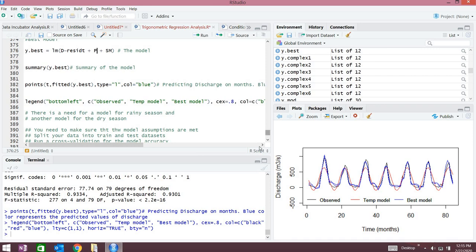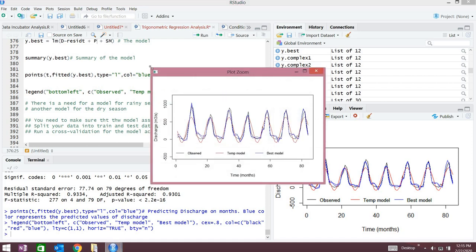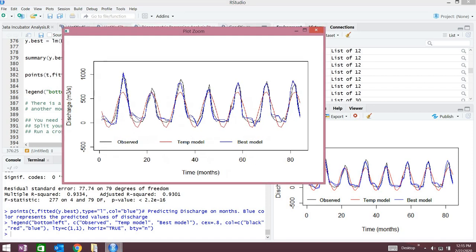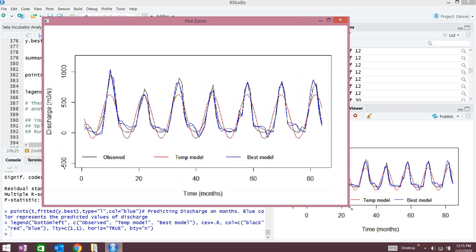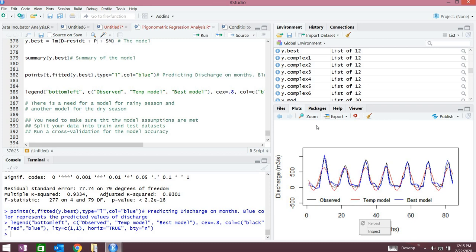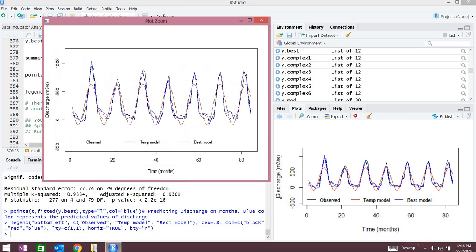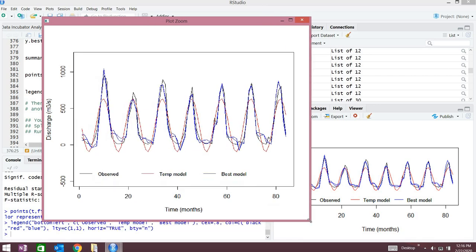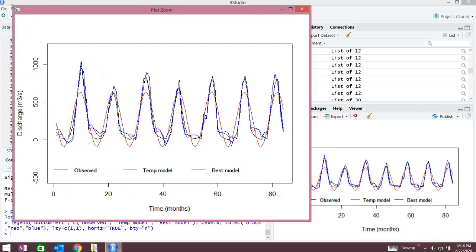So, and as we see here, can we say that a model is enough for all the 12 months of the year, for all the seasons, or do you need more than one model for the year, knowing that within the year we have seasons?